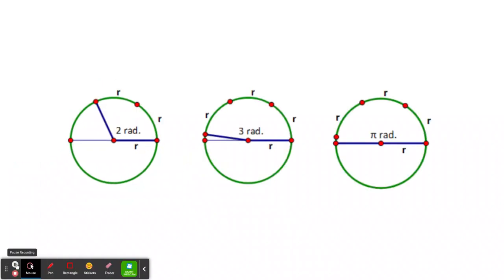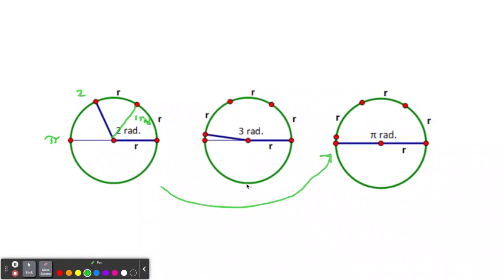And here's a couple more. You see that we had 1 pi over here, now we have 2 pi. This would be one radian, and then this would be 2, and then this would be pi radians, as you can see over here. And here's 3 radians.